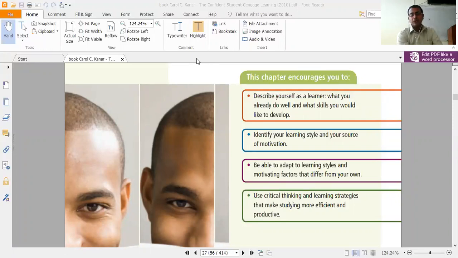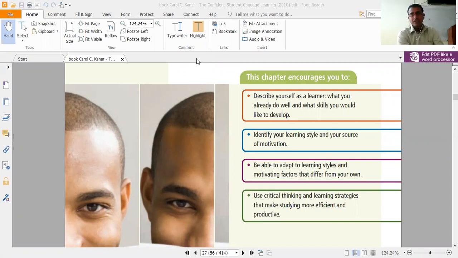Number 3 that we are going to study here is be able to adapt to learning styles and motivating factors that differ from your own. Meaning, if our teacher's teaching style is different, we should have the flexibility to amend and change ourselves. About flexibility, we have read in the first chapter that effective and confident students are flexible.